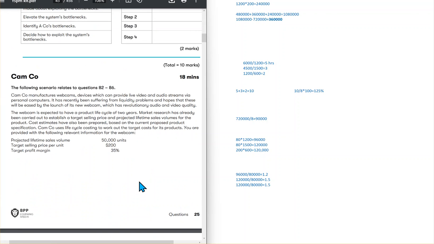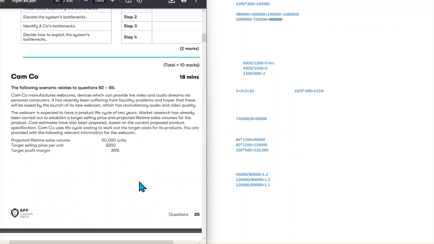Camco manufactures webcam devices which can provide live video and audio streams via personal computer. It has recently been suffering from liquidity problems and hopes that these will be eased by the launch of its new webcam, which has revolutionary audio and video quality. The webcam is expected to have a product life cycle of 2 years.